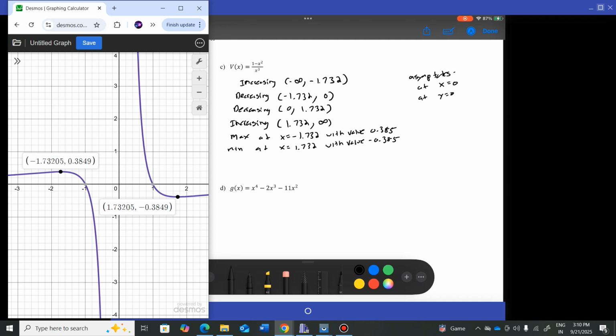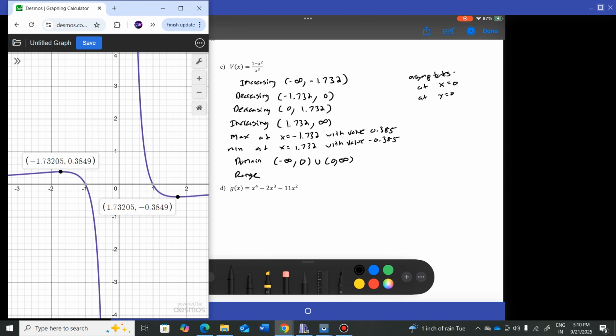And we have domain: it goes from negative infinity to 0, and then from 0 to infinity. Range: there are no y values that we can't get out. We can get 0 out. We have x-intercepts.